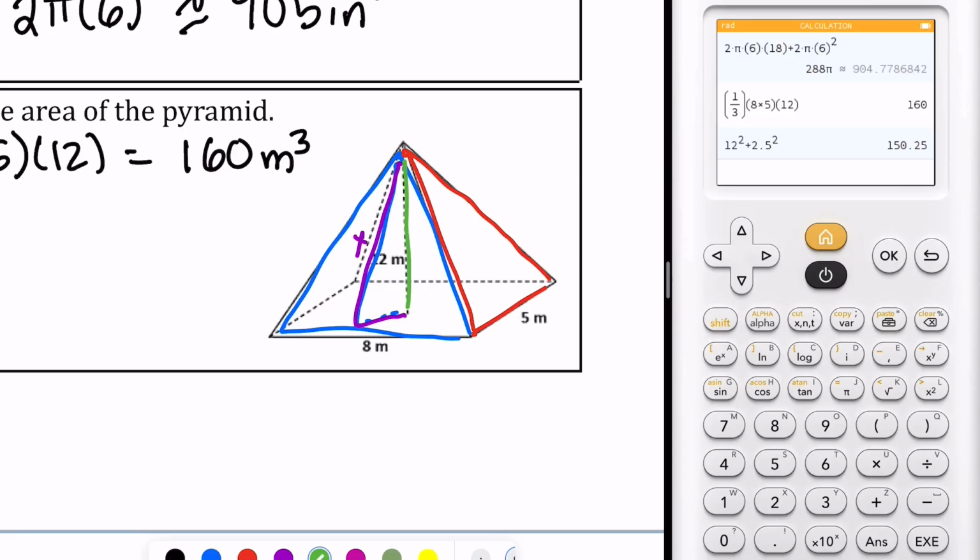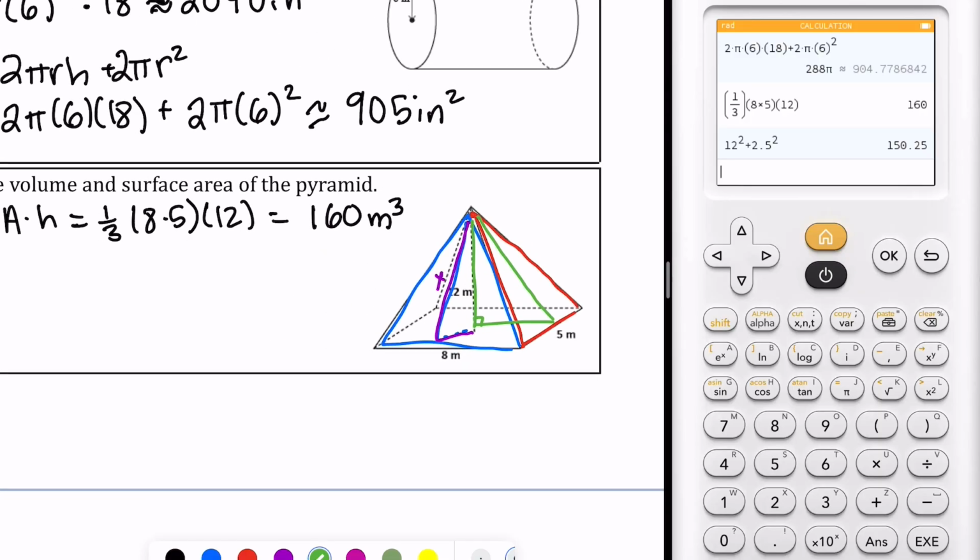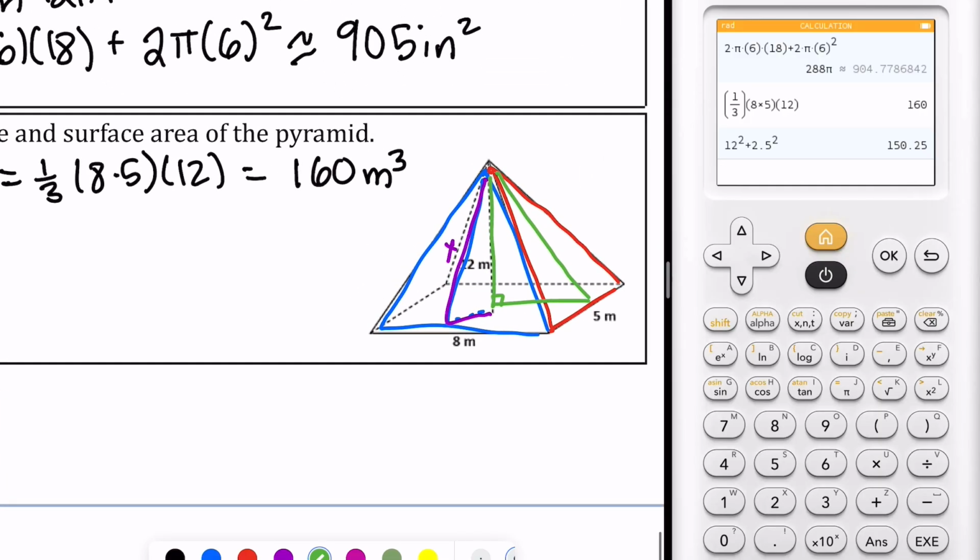So we'll be working with this triangle right here, where it's a right triangle. When we label all its dimensions, the one we're trying to find, we'll call that y for now since we've already used x. Our height is still 12, and then this distance right here is half of 8, so it is 4.